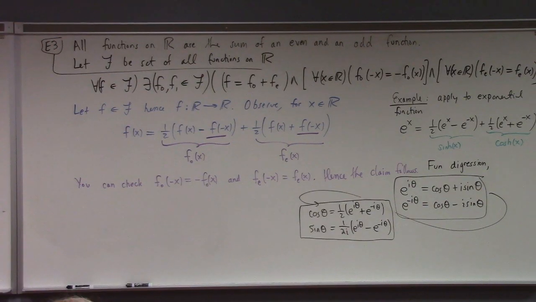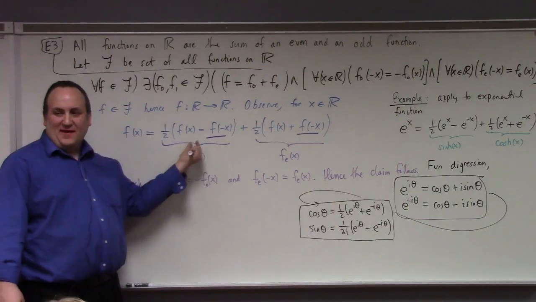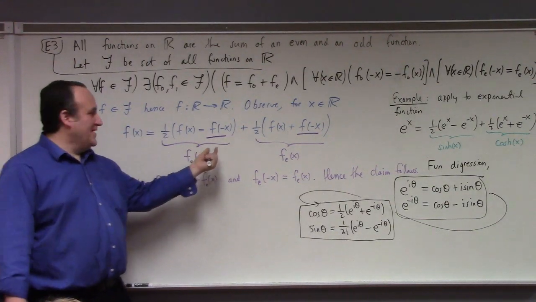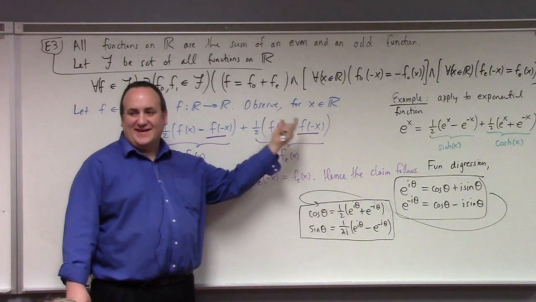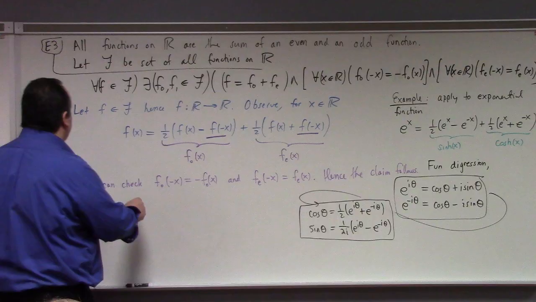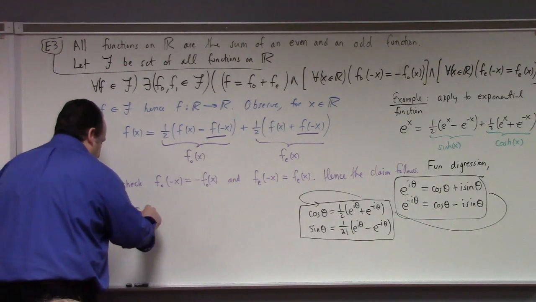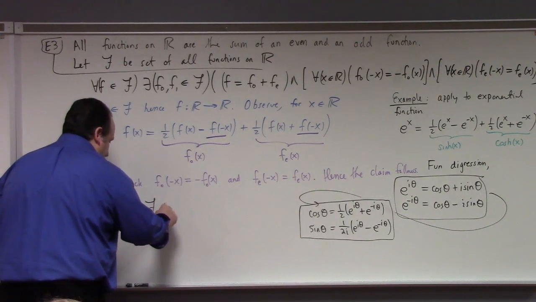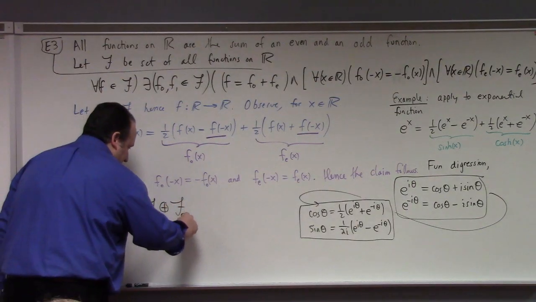It's also equal to 1/2 of itself minus itself plus 1/2 of itself plus itself. But yes, you're right. The only function which is both even and odd is in fact the 0 function. That's a very good observation. In linear algebra, that becomes the observation that the space of functions can be written as the direct sum decomposition of the set of all even functions and the set of all odd functions.